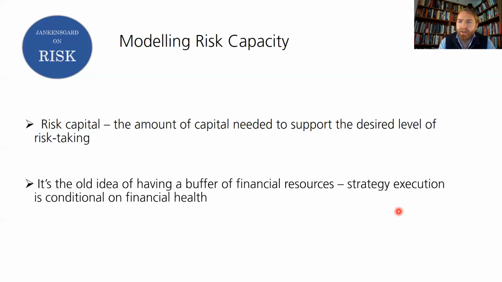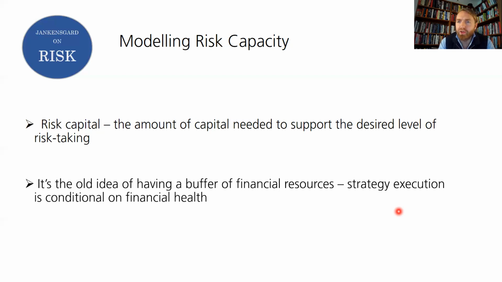And to support this ongoing value creation process, you need some buffers in place to deal with worse than expected outcomes and variability in performance. So you need a buffer or resources at hand from which you can draw when there's a need to, so as to keep your strategy execution going, right?